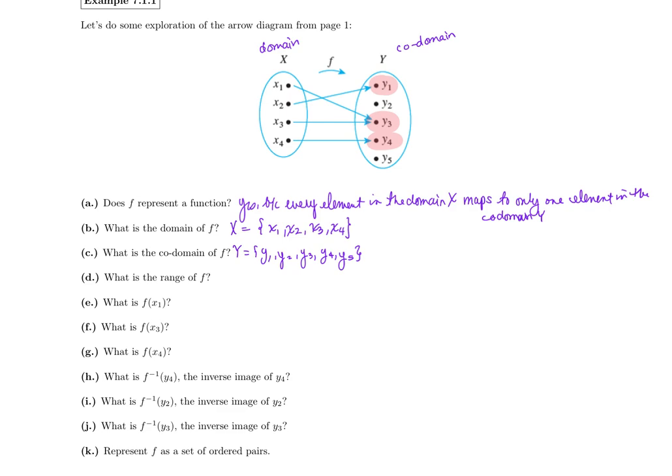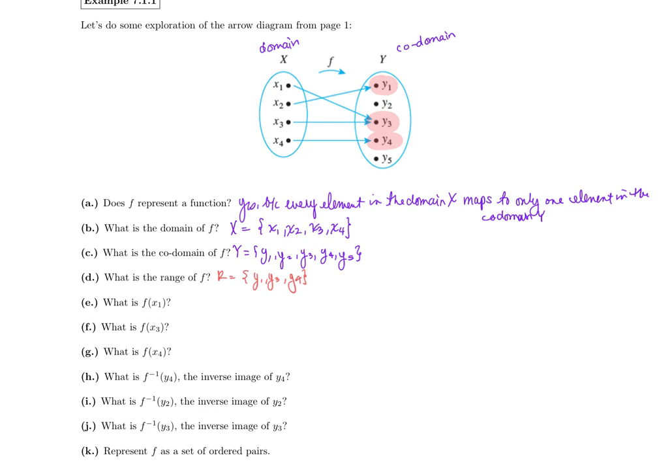mapped to, so our range here is only y1, y3, and y4. One more time, remember that the range could be smaller than the codomain.